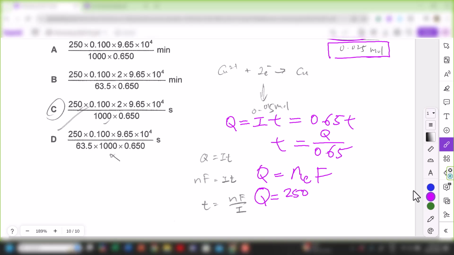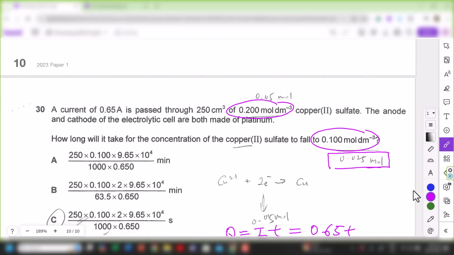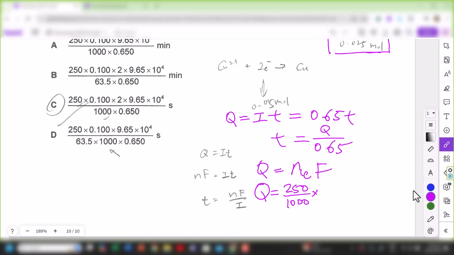So the volume I need to convert to dm cube, and multiply by 0.1, because that's 0.2 minus 0.1. For every 1 mole of copper deposited, 2 moles of electrons are transferred, so I need to multiply by 2. Then I multiply by the Faraday constant, 96500, essentially 9.65 times 10 to the power of 4.